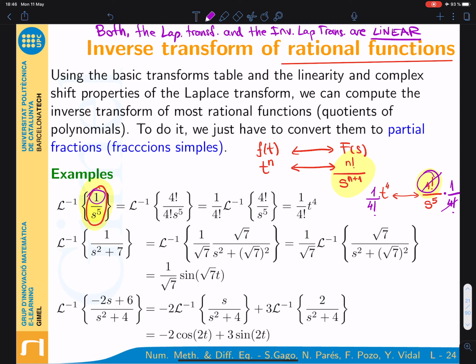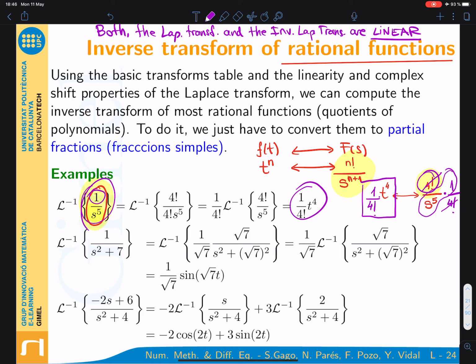And I get the function 1 over s to the power 5, which was the function I wanted to compute the inverse Laplace transform. So the solution is this one, which is what you have here in the slides, okay?